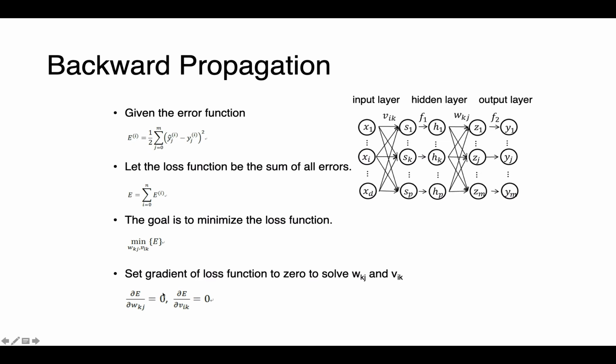So these are the parameters. Here, since you have two layers, one layer has the weights as V, and the other layer has weights of W. So you're looking for the 0 point in their gradient.